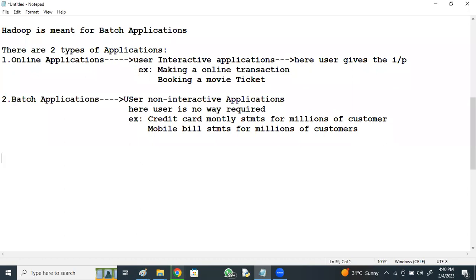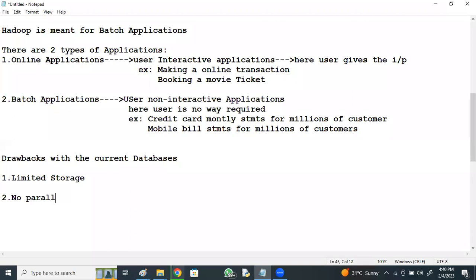Why can't databases be used for storing Hadoop's data? Because there are drawbacks with the current databases. First thing is limited storage in most of the databases. Secondly, no parallel processing in most of the databases.